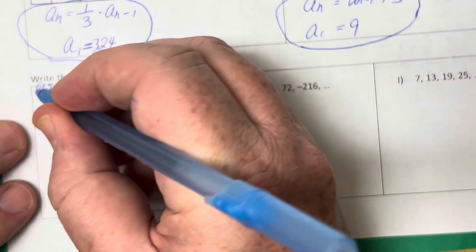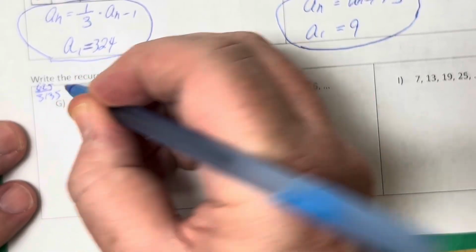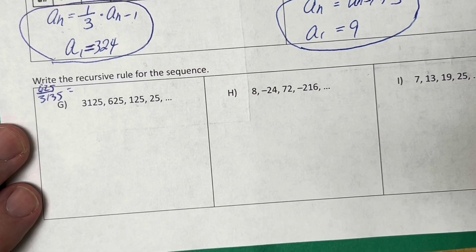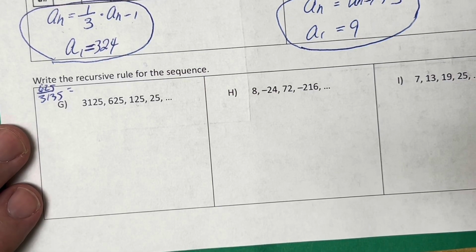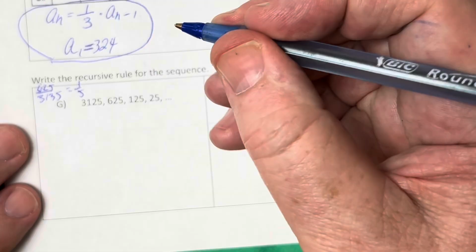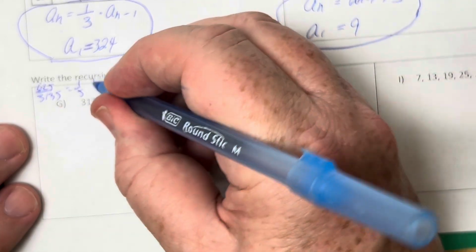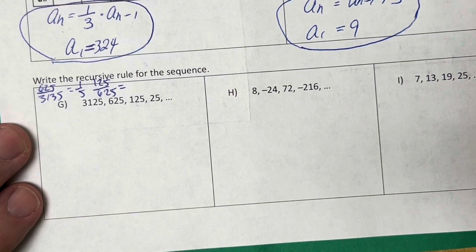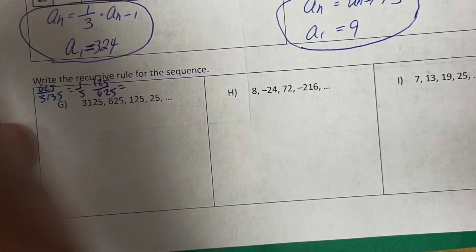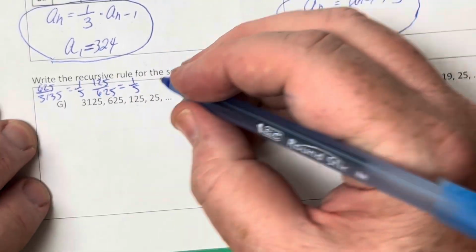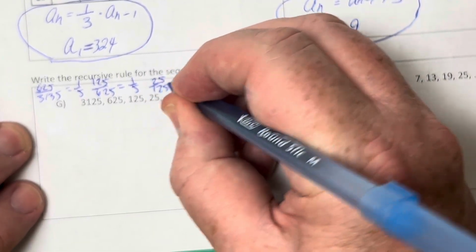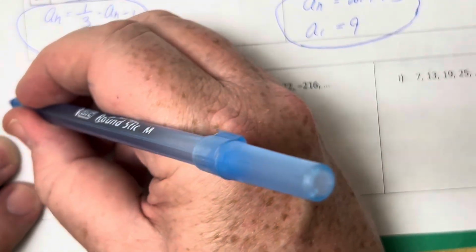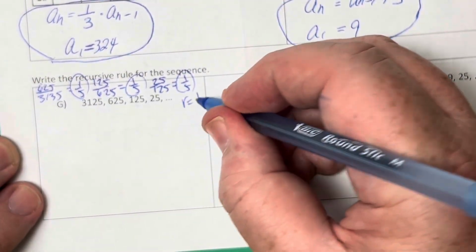Got 625 over 3,125, and that is 1/5. 125 over 625 is also 1/5. And then 25 over 125 is 1/5. So we do have a geometric sequence where r is 1/5.